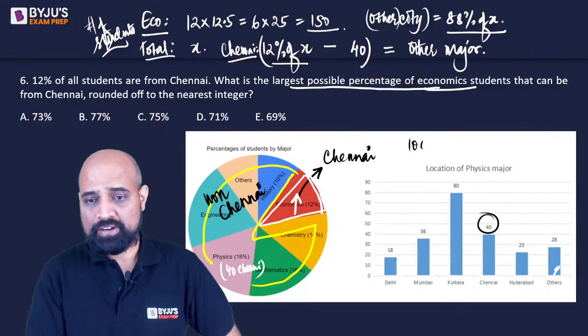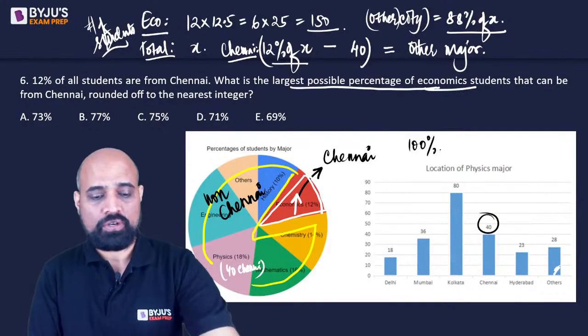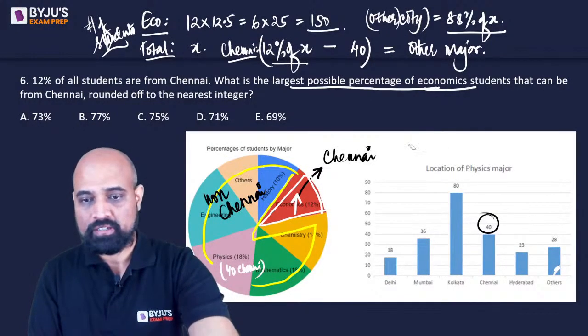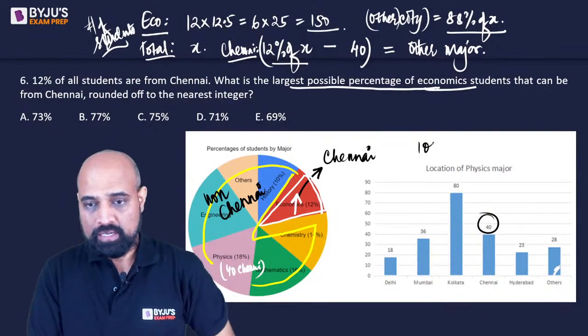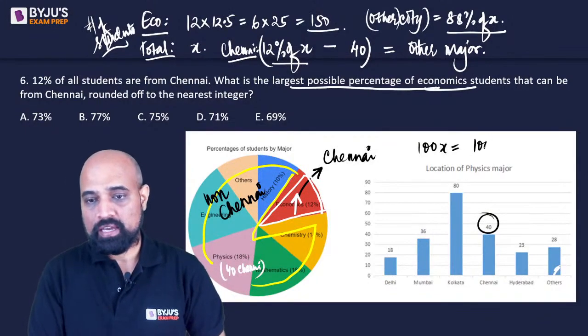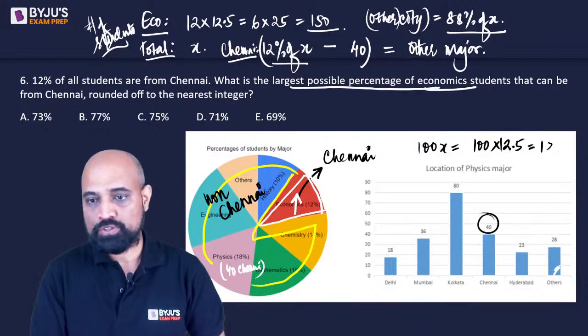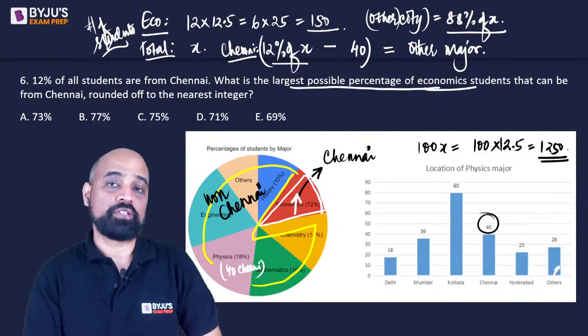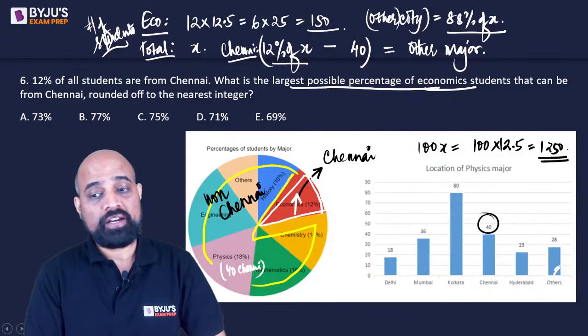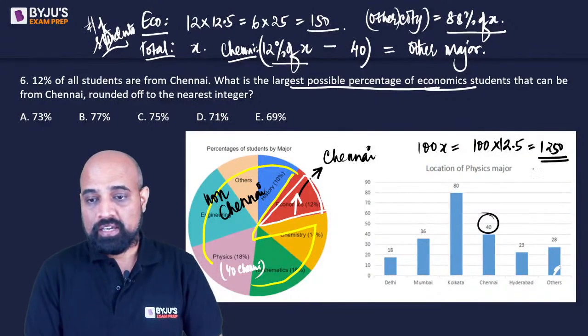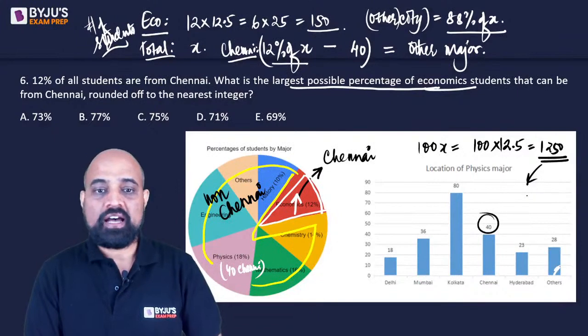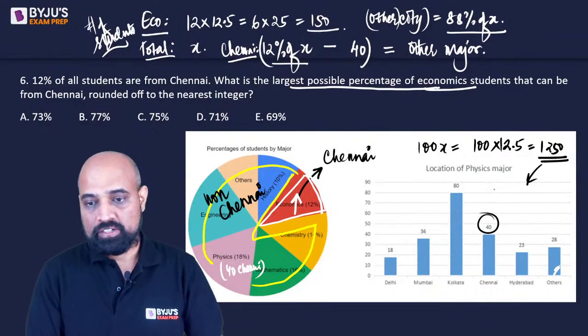So what is the total base, as in how many people are there? So this is 100%, 100x था ना, so 100x यानी कि कितना हो जाएगा? 100x is going to be 100 into 12.5, which is a total of 1250 students. Out of those 1250 students, how many are from Chennai? 12% of x.